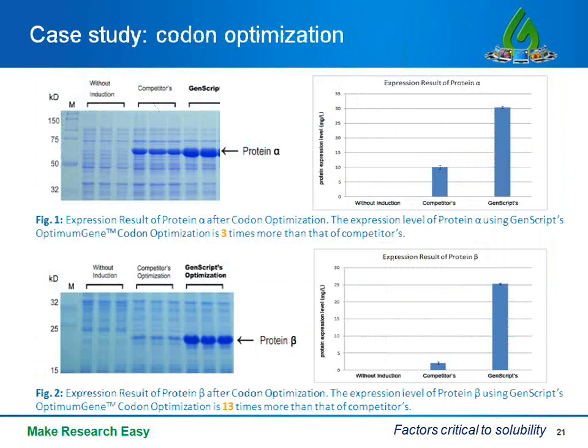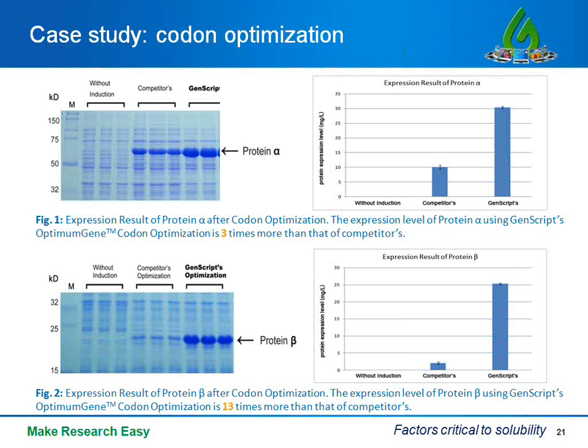And here are two case studies that illustrate the importance of codon optimization for E. coli expression. You can see on the top gel, in case of protein alpha, the difference in expression levels from codon optimization of a eukaryotic protein using a proprietary platform versus a competitor's is threefold.